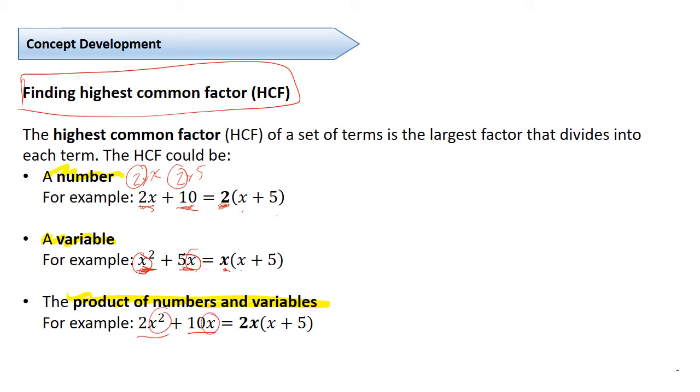Well, there's an x in both, so we would expect there to be an x as the common factor, but that is not the highest common factor. We need to think about the numbers as well. Like the first example, we would then have 2 times x, 2 times 5. The common factor is 2, so a 2 goes out the front. That's just a really quick sneak peek. Don't be intimidated. We're going to break all that down in the coming slides.